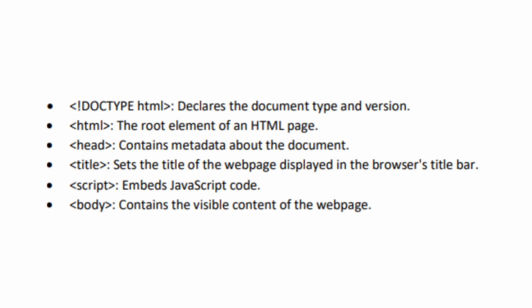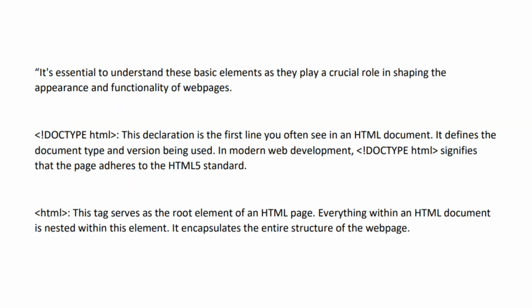Title sets the title of the web page displayed in the browser's title bar. Script embeds JavaScript code. Body contains the visible content of the web page. It's essential to understand these basic elements as they play a crucial role in shaping the appearance and functionality of web pages.